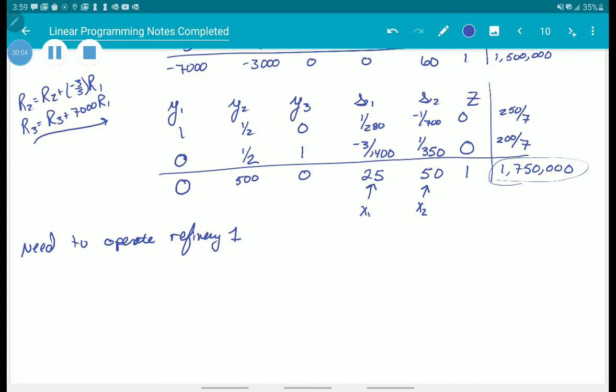So we need to operate refinery 1 for 25 days, and refinery 2 for 50. The minimum cost is going to be $1.75 million.